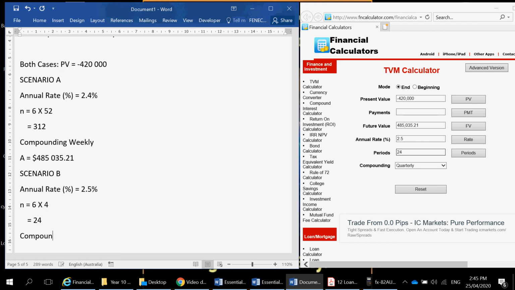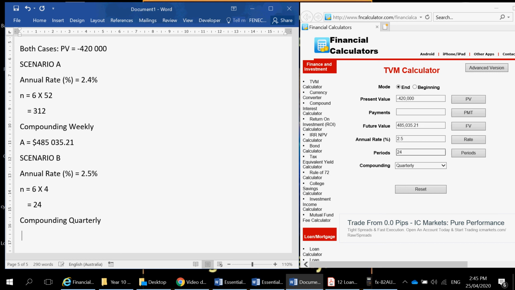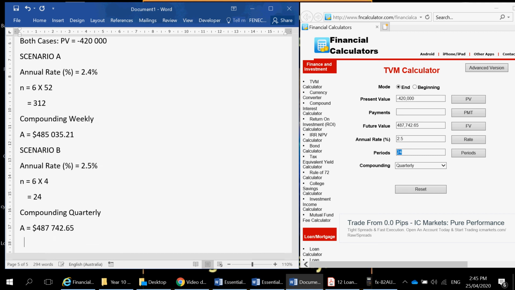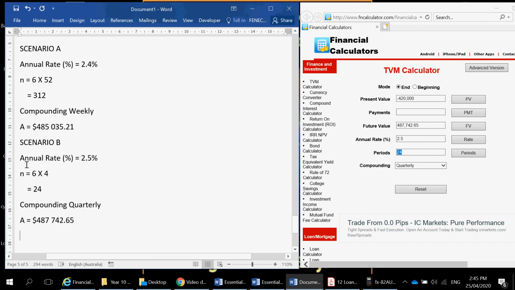We need to make sure we've specified that it is compounding quarterly. And we've done that. So I put in 24 time periods and quarterly. I press FV and it tells me we will have $487,742.65. Which one's bigger? Scenario B. Better off with scenario B, 2.5% compounding quarterly.